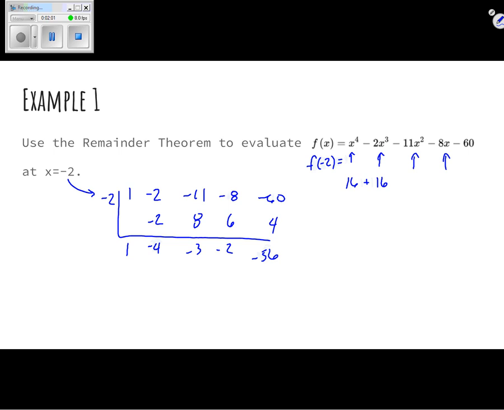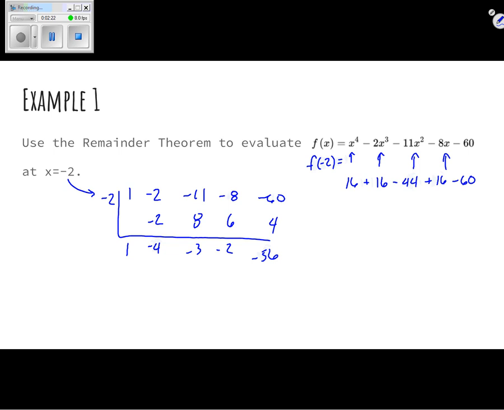And then that's 4. Maybe I don't need to do this in my head. -44. And then a positive 16. If I was to fill all these out, let's see, those give me 48. 48 minus 44, 4.